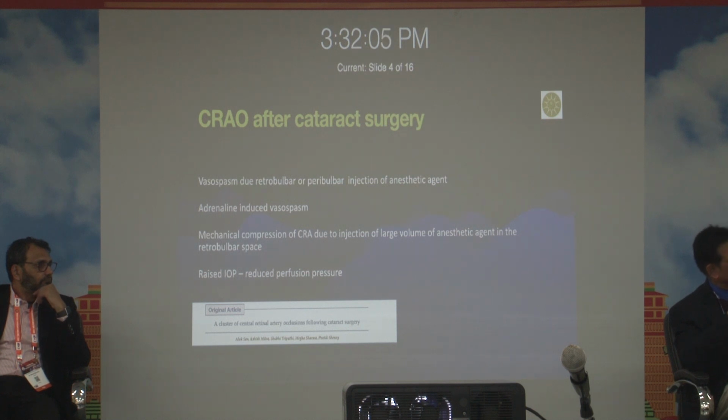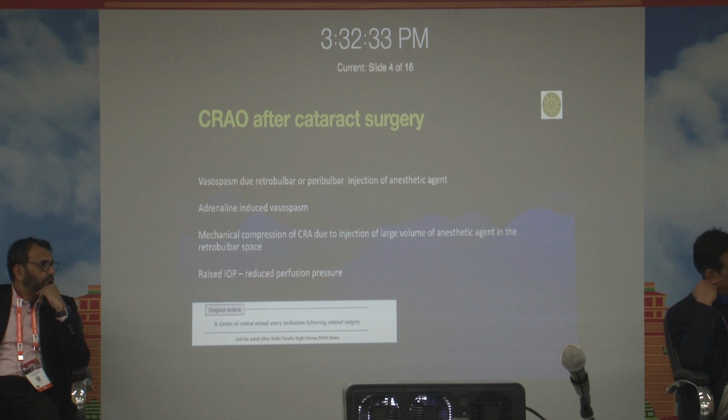So in this series, what we identified was, because this happened in a cluster, it was all consecutive cases. So what we could identify was that there was some issue in our ETO sterilization, and that is the hypothesis, because there was some residual ETO which could have led to vasospasm intraoperatively, because all these patients were ETO.